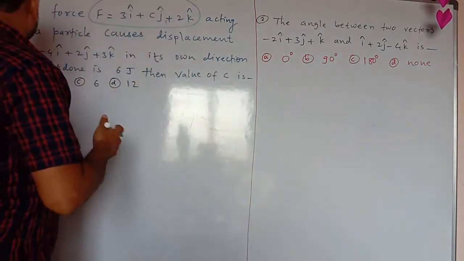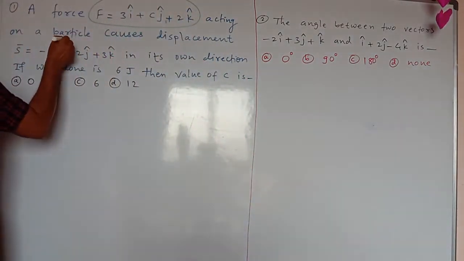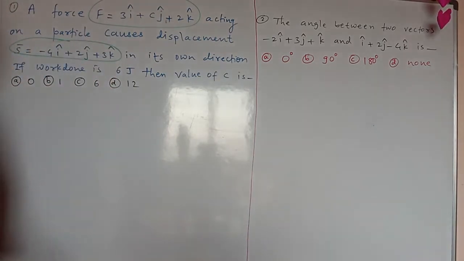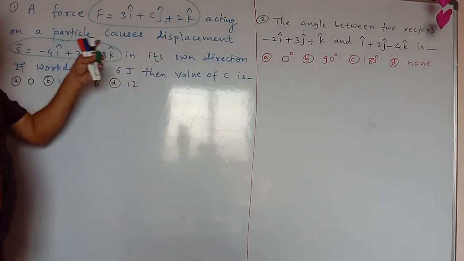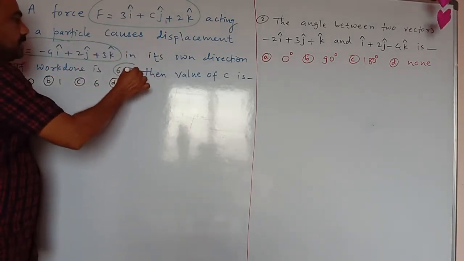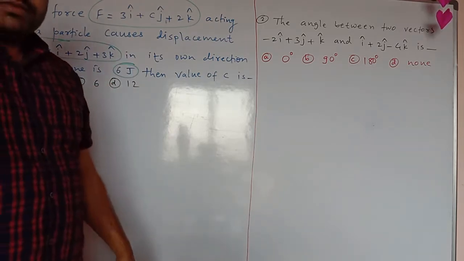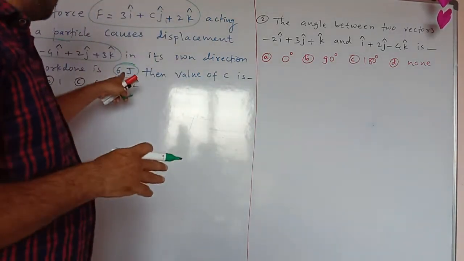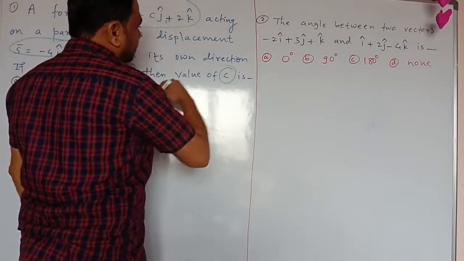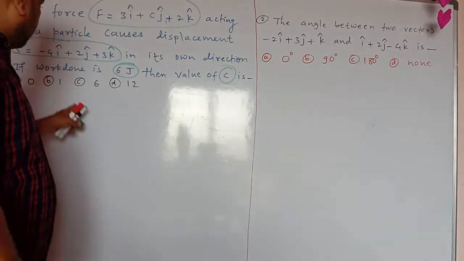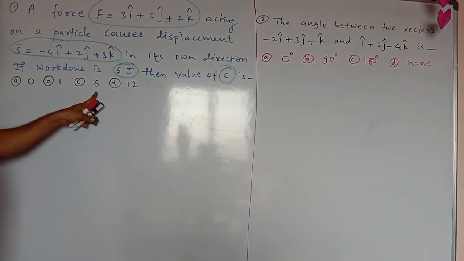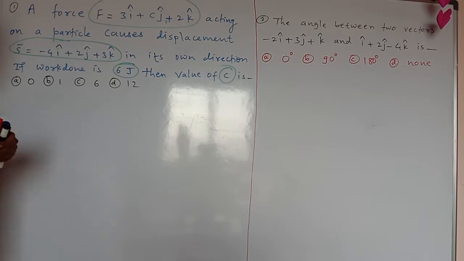The displacement is given to us, and if the work done is 6 joule, you have to find the value of C. Four options are given: first option is 0, second is 1, third is 6 and last is 12.